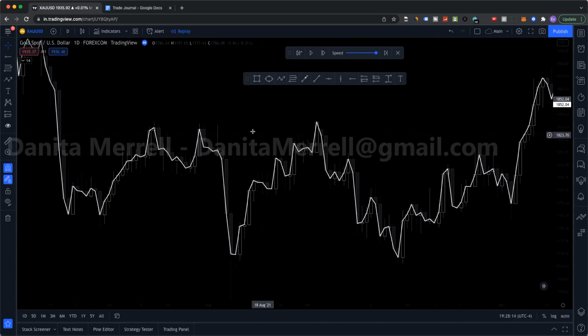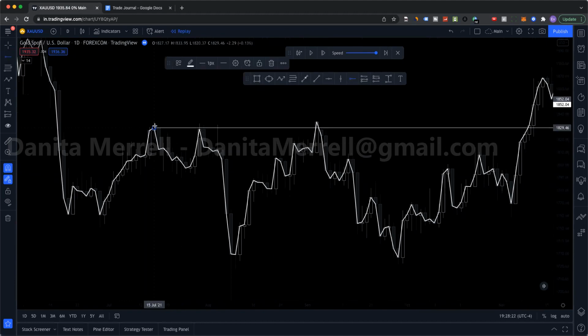If you just look, price pushed down. Here's our resistance. If you refine this to H4, I'm sure you will find an entry there. Price came back, pushed all the way down, pushed all the way back up.